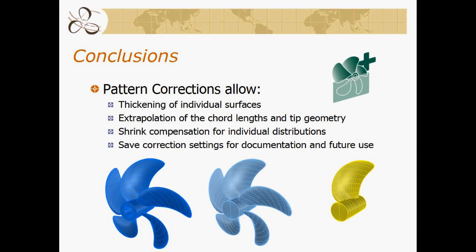And we can compensate individual distributions, skew separate from pitch, separate from chord, and separate from thickness. All of our settings will be saved back to our file so that we can document them, and alter our designs in the future.